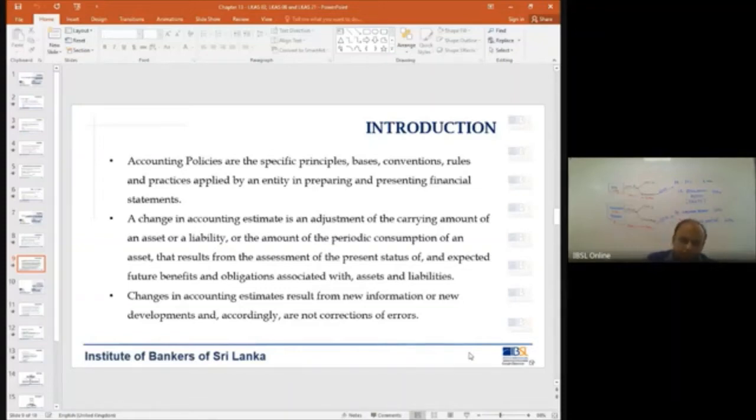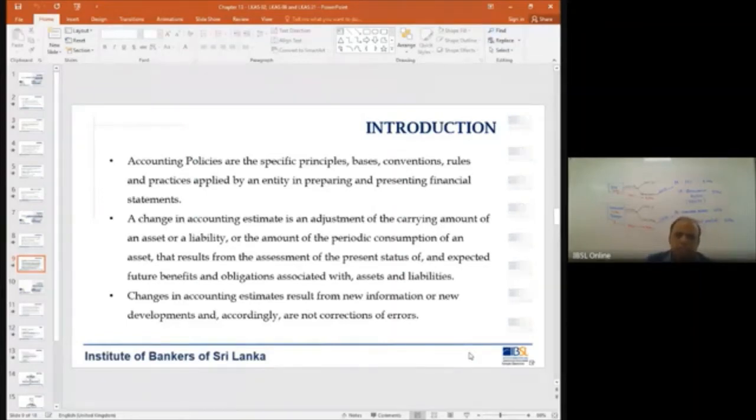But there could be instances where, for example, certain taxes, you might have to adjust prospectively, not retrospectively. Likewise, there could be changes of accounting estimates where you might want to do it prospectively. So you need to know what a change in accounting estimate means, how it impacts the financial statements, and how those are adjusted in financial statements.